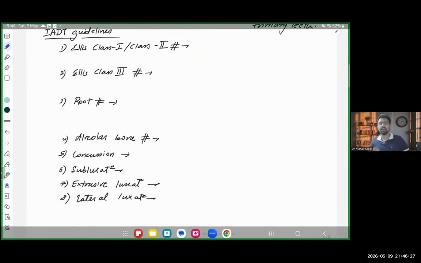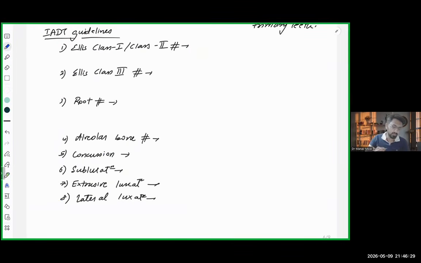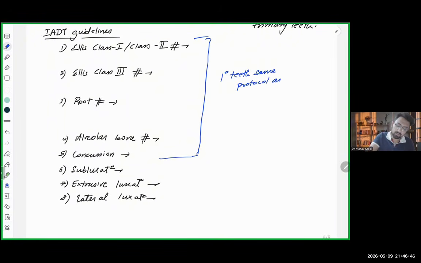Then we come to the IADT guidelines for the primary teeth. In the first to fifth case, that is till concussion, for primary teeth we will follow the same protocol as permanent teeth.